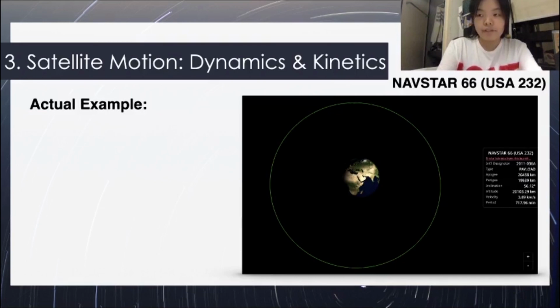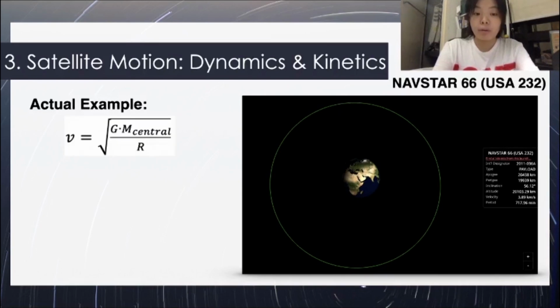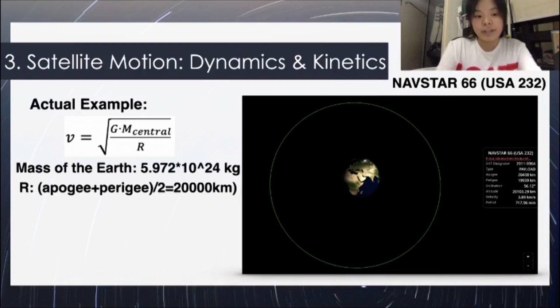After we have established our circular motion model, we can verify it with this equation. Here is an actual scenario. This is a real satellite, Navstar 66, and we can substitute the mass of Earth for m_central, and take the average value of apogee and perigee to represent r.